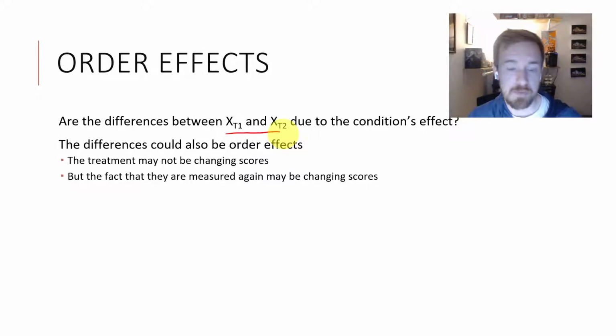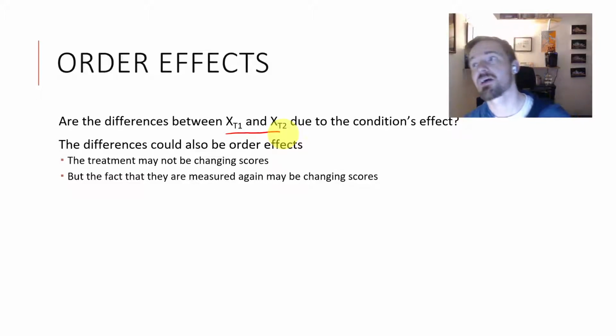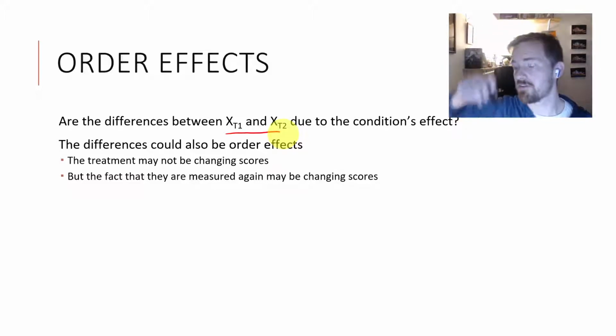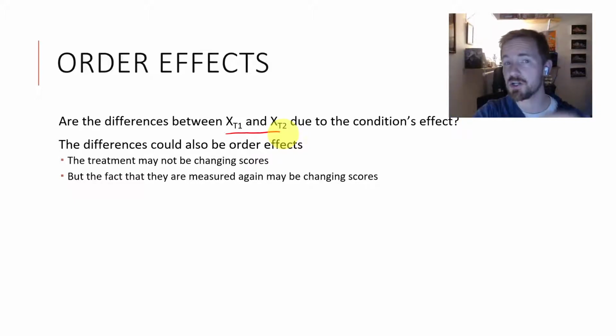Maybe. But it also could be the order effects, where just by being in a melancholy mood at the very beginning may, in turn, affect how we feel later down the line. And if we did it in reverse, where we did the good mood first and the bad mood second, maybe that trend goes away. If it does, then we are saying that order effects are going to be responsible for this data.